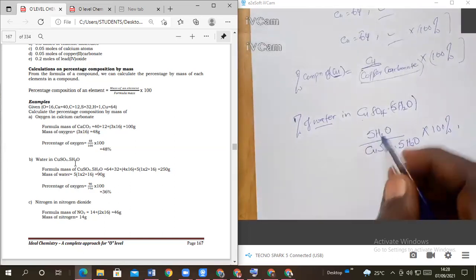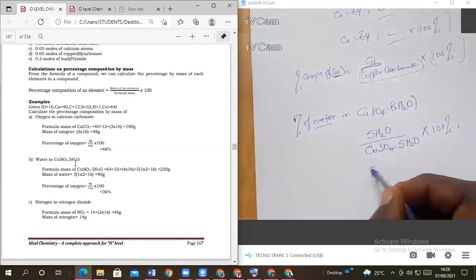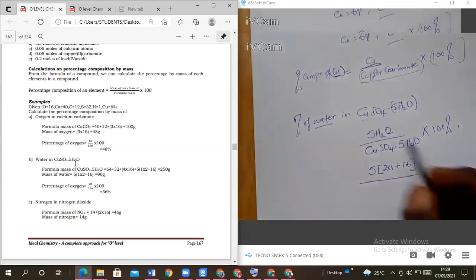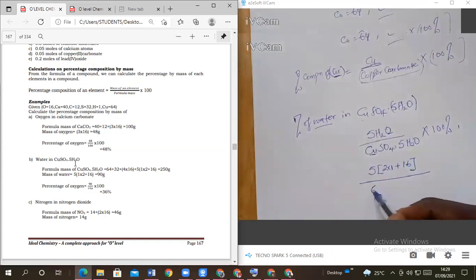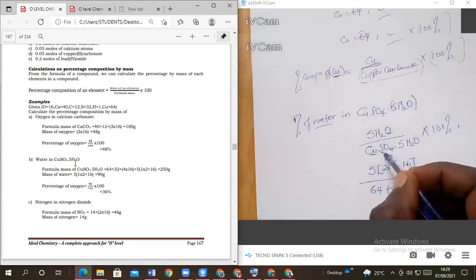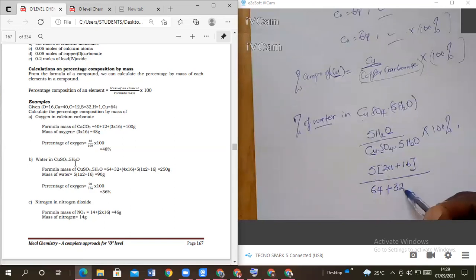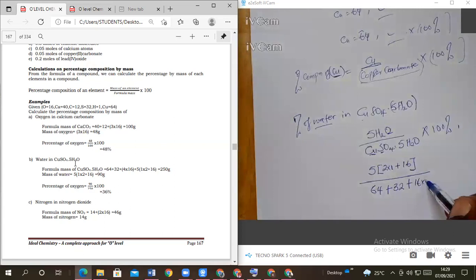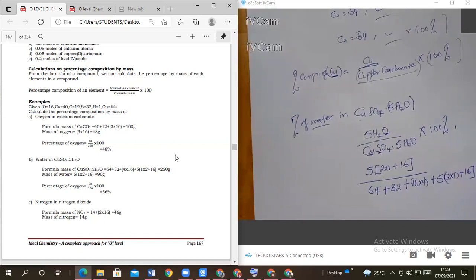Now hydrogen from the table has 1. It's going to be 5 into 2 times 1 plus oxygen, which is 16, out of copper is 64 plus sulfur, which is 32, plus oxygen, which is 16 times 4. These ones are in different brackets. Then plus 5 water, which is 5 (2 times 1 plus 16), times 100%.